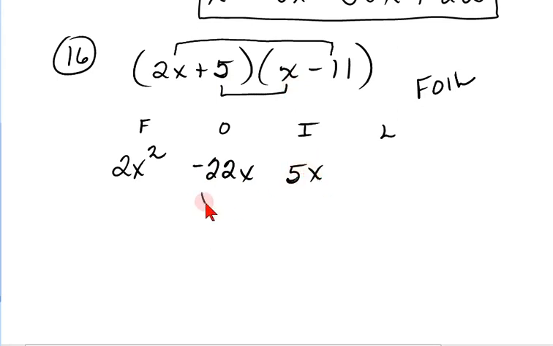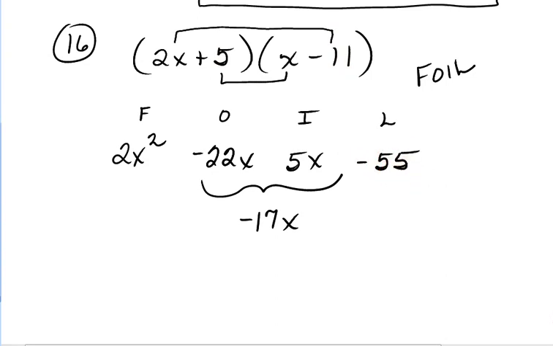For those of you who have mastered the shortcut, you've already added those together for negative 17x. What's the product of the last? 5 times negative 11. Negative 55. The final form of my answer is 2x squared minus 17x minus 55.